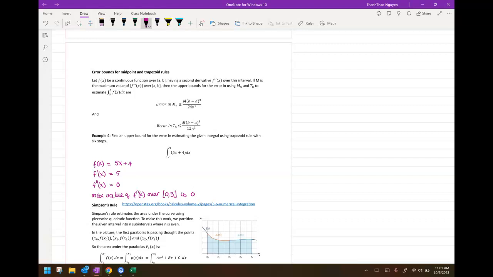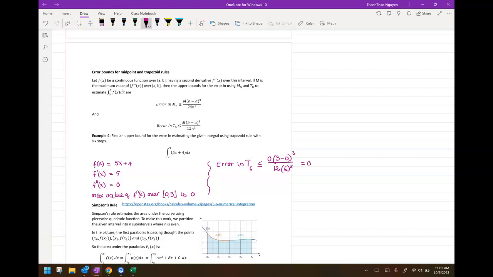This means that I can say the error in T sub 6 here is less than or equal to 0 times 3 minus 0 to the exponent 3 divided by 12 times 6 squared, and this is 0.